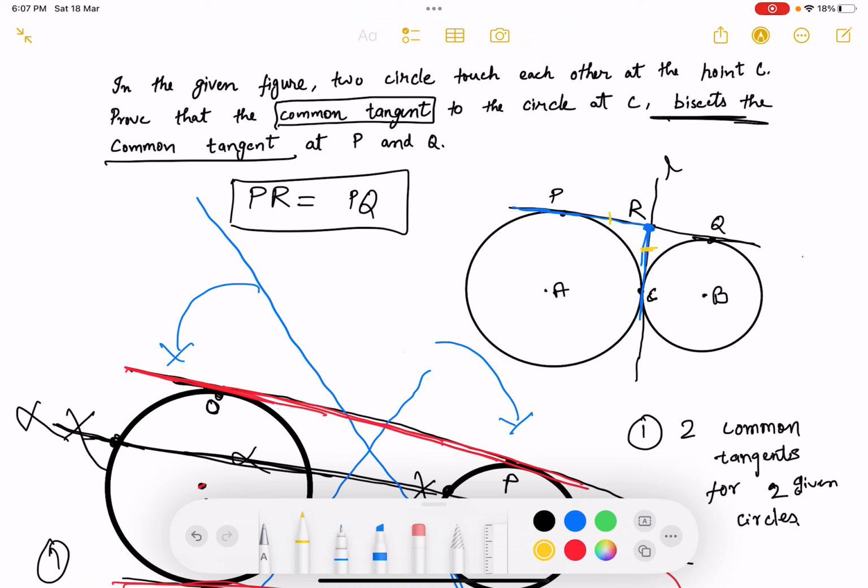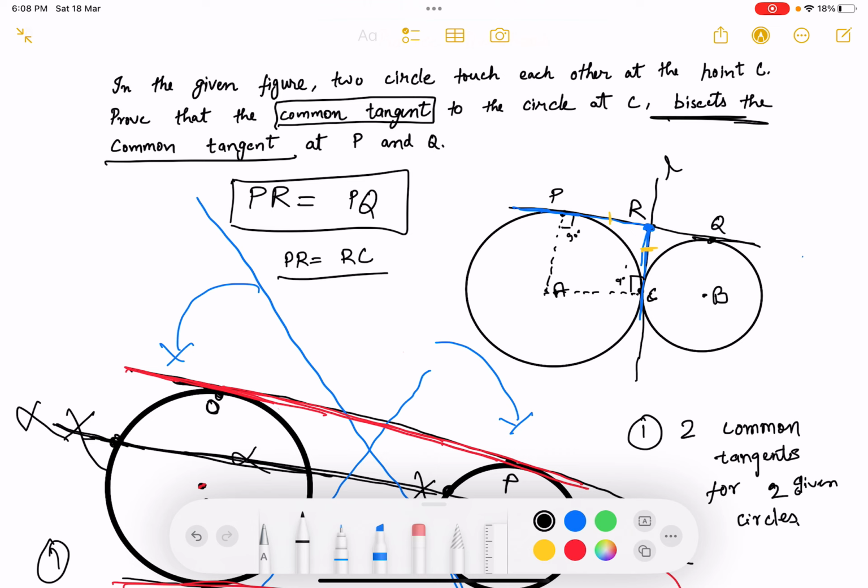Okay, so let's write this. We have PR is equal to RC. Why is PR equal to RC? Very easy. If we draw the perpendiculars like this, as PR is tangent and RC is also tangent, this angle is 90 degrees. Mark this angle as 90 degrees.